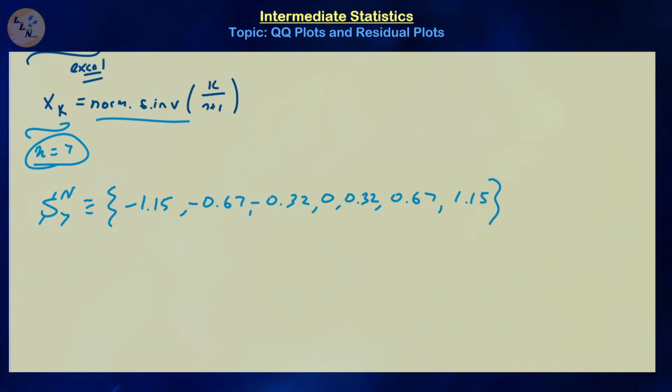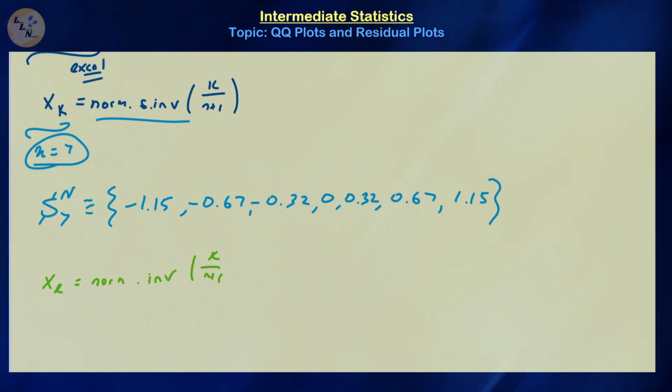Now, one could also use xk equal to NORM.INV of k divided by n plus 1, but not necessarily standard normal, just normal, with some desired mean and some standard deviation sigma that you want.